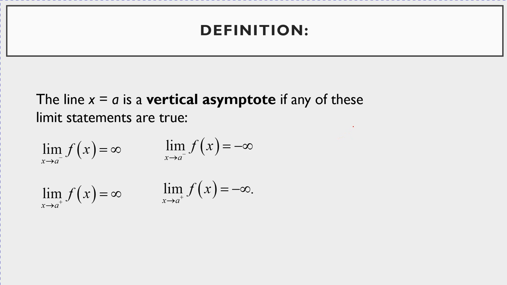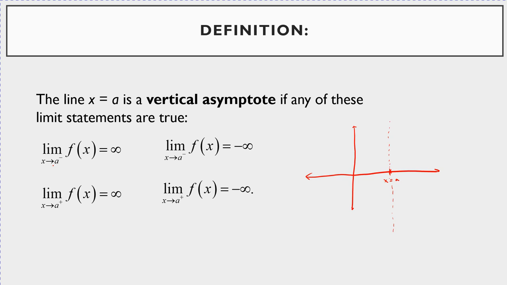Let me just draw a sketch here so you can see what's going on. Here's the value x is equal to a, and what we're saying is x is equal to a is a vertical asymptote.